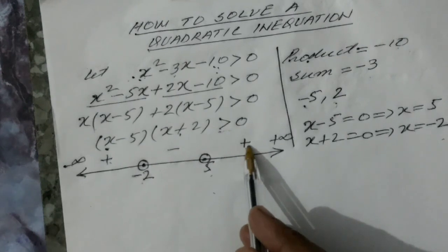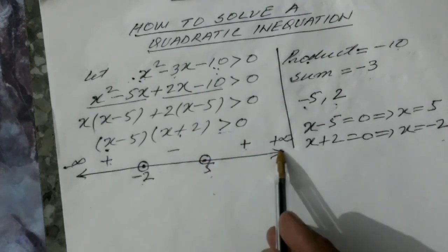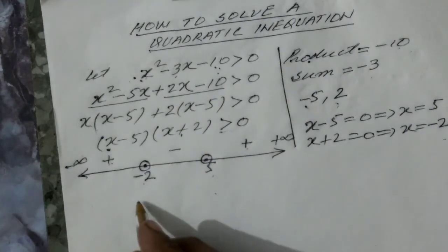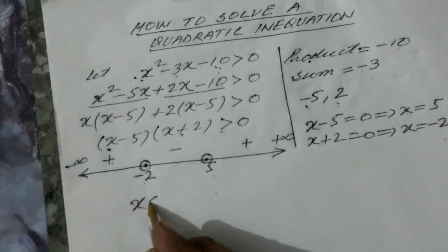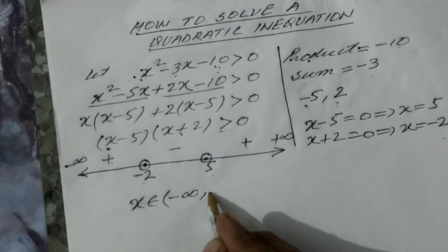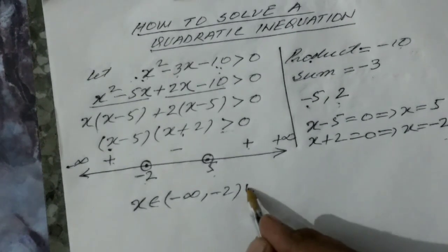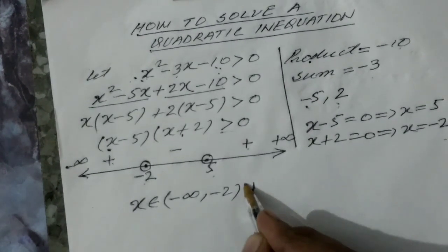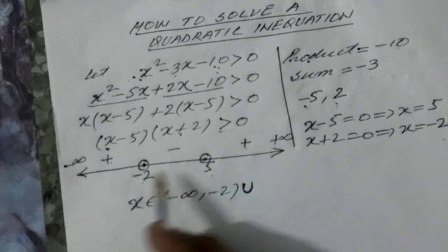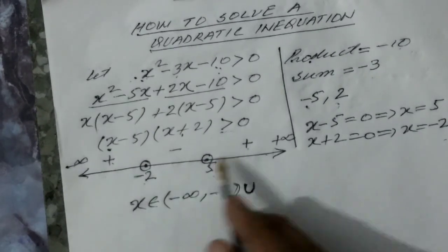So we see plus is there in 2 segments, that is from 5 to infinity and from minus infinity to -2. So x belongs to (-∞, -2), and if there are 2 segments or more in which plus signs are there, we take the union of both these segments.